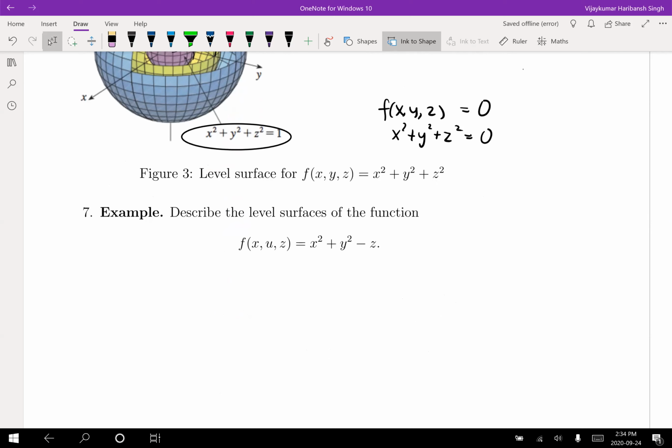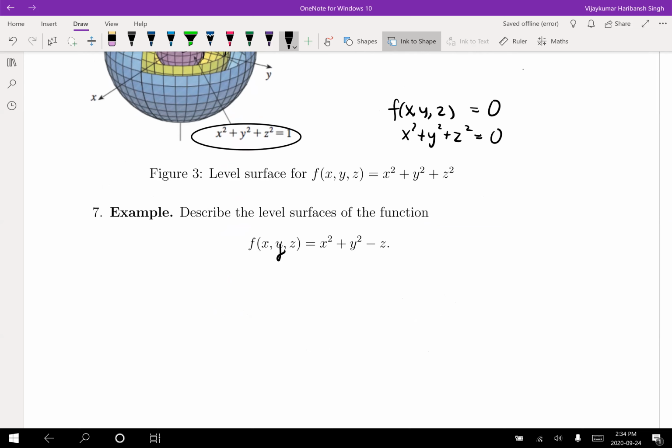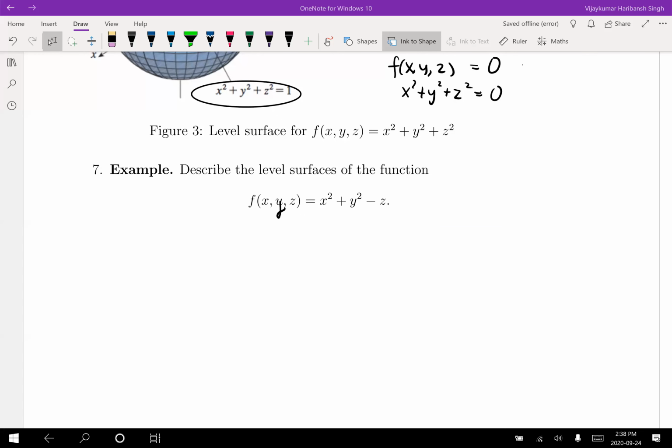Now let's proceed to finding the level surfaces for f of x, y, z equals to x squared plus y squared minus z. So let's see a few level surfaces for this. First of all, when k is 0, we get x squared plus y squared equals to z.